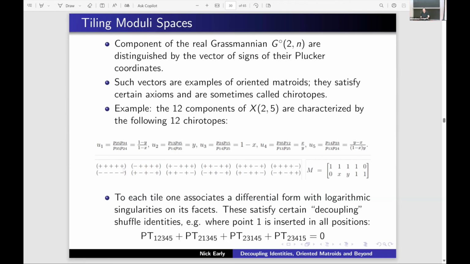We're associating to each tile a differential form with logarithmic singularities on its facets. Okay, and what we're going to do is we come with a cyclic order 1, 2, 3, 4. We plunk in 2, 3, 4, 5, and we plunk in the first index in all possible positions. Of course, this is well known in gauge theory as a manifestation of U1 decoupling.